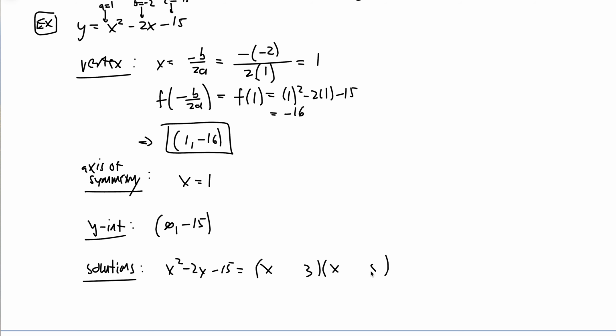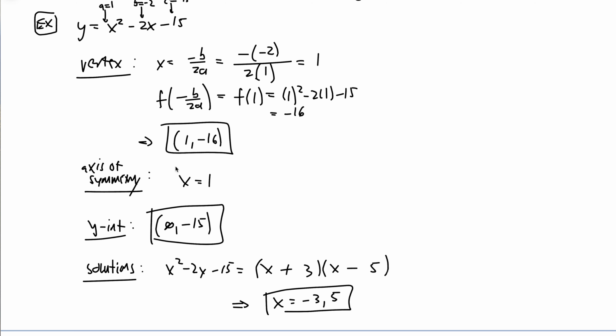We would have 3 and 5. The 5 would be negative. The 3 would be positive. And so our solutions are x is negative 3, positive 5. Cool. Okay. So that is pretty much all of our pieces that we might have use of.